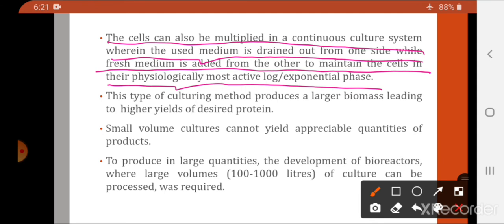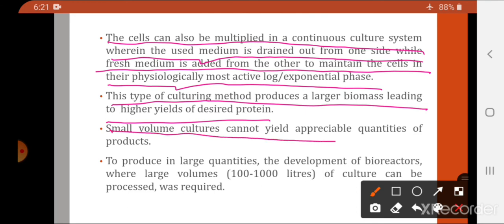So that is called as a continuous culture system, through which we can add the new culture from the one side and can remove the used culture from the other side, so that we can maintain the cells in their log phase. This type of culturing produces large biomass, leading to the higher yields of the desired protein. By continuous culturing system, we can obtain the large biomass. Small volume cultures cannot yield appreciable quantities of the product.